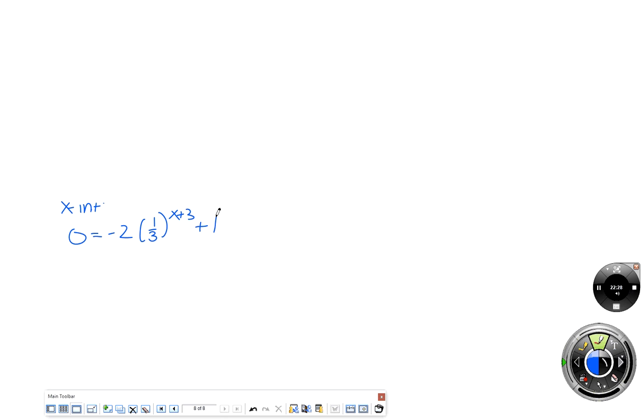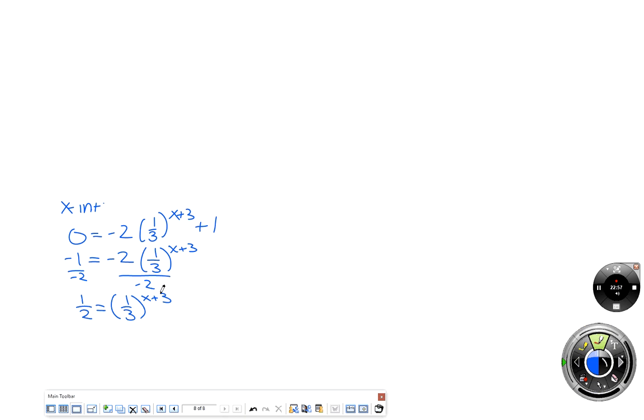So we're going to go ahead and subtract 1 from each side. And then do what? Divide by negative 2. You need to get the exponent part alone first, okay? So we're going to have 1/2 equals 1/3 to the power of x plus 3. Can 1/2 and 1/3 be rewritten with the same base?